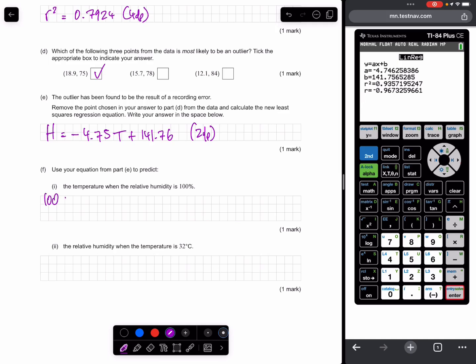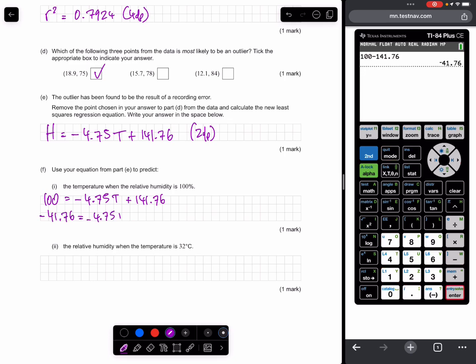Okay, 100 equals negative 4.75 T plus 141.76. The opposite of adding 141.76 is taking, so 100 take 141.76. Negative 41.76 equals negative 4.75 T. Opposite of times by negative 4.75 is dividing by negative 4.75.